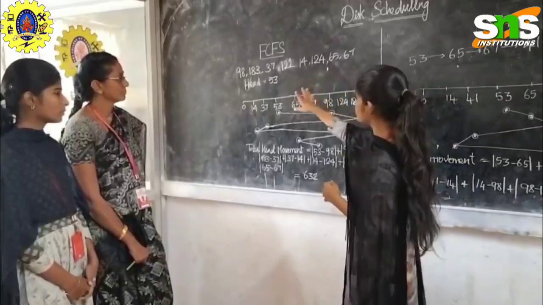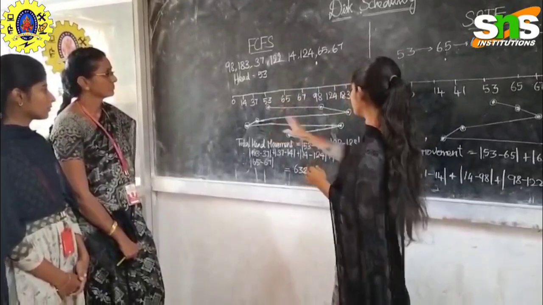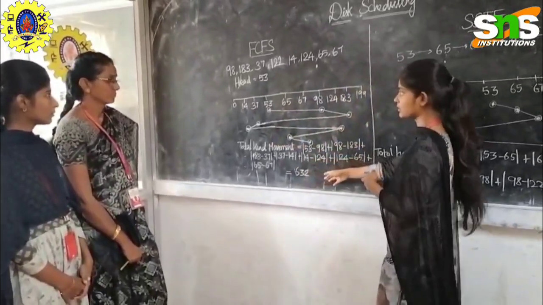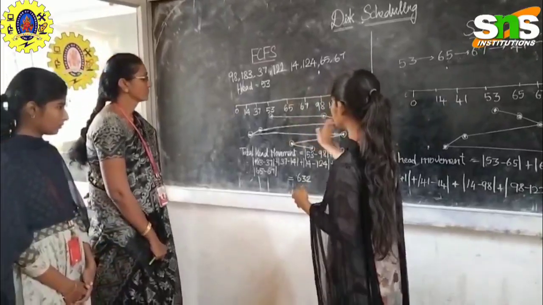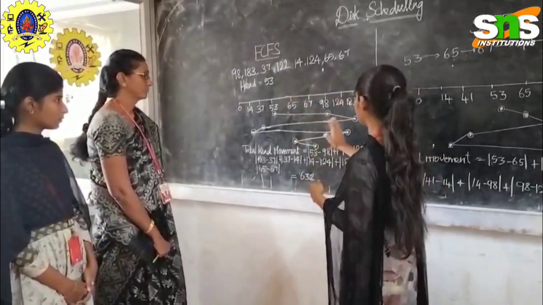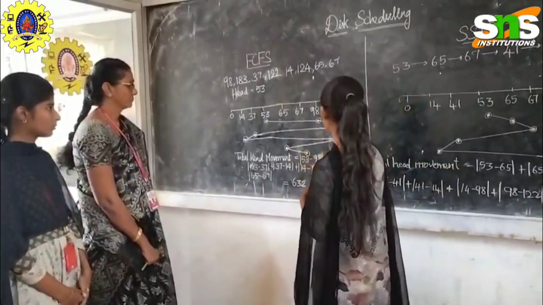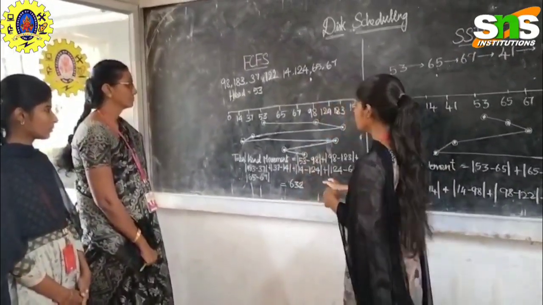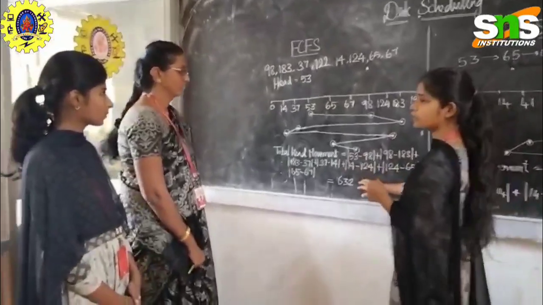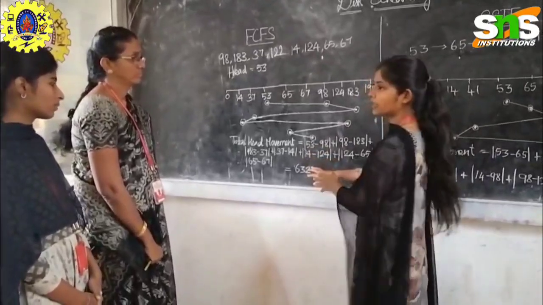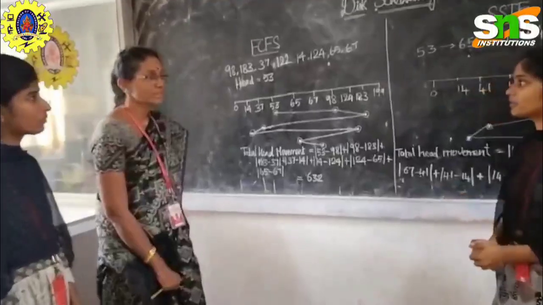Then I check which comes next, 37, and I go to 37 and likewise subtract. Considering all the requests until all are completed, I add up the head movements. Finally, calculating all the head movements, I get a value, which is my total head movement. This is the first come first serve algorithm.